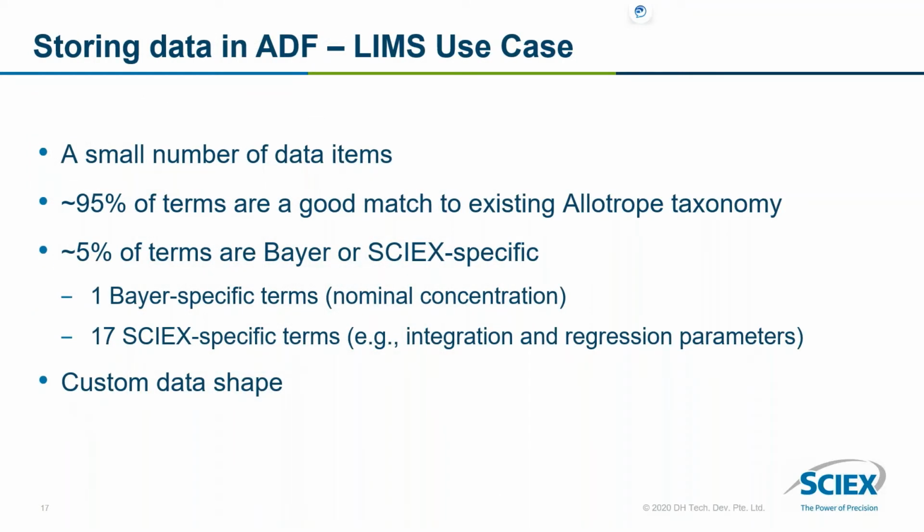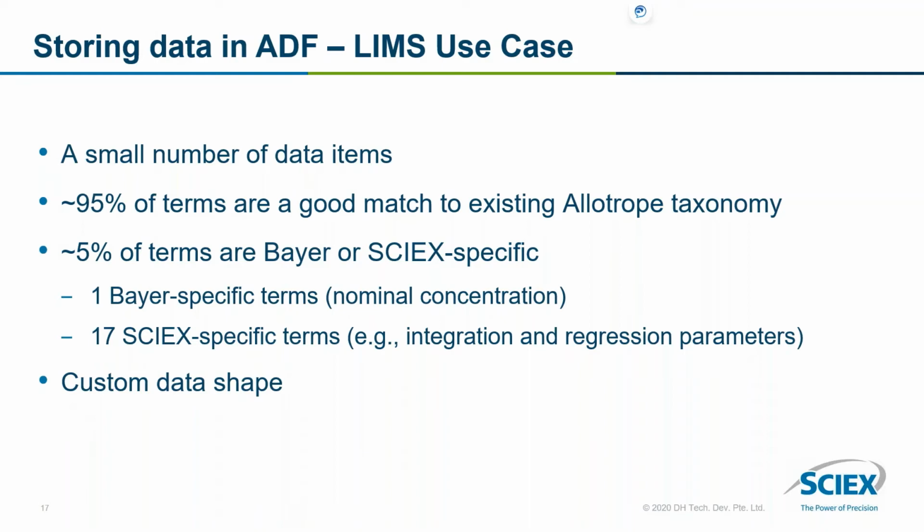So for the LIMS use case, we have a small data set which only includes parameters that are of use to the LIMS. I think we have on the order of about 50 data elements there. When we mapped and modeled that, we found that 95% or so of terms are a good match.